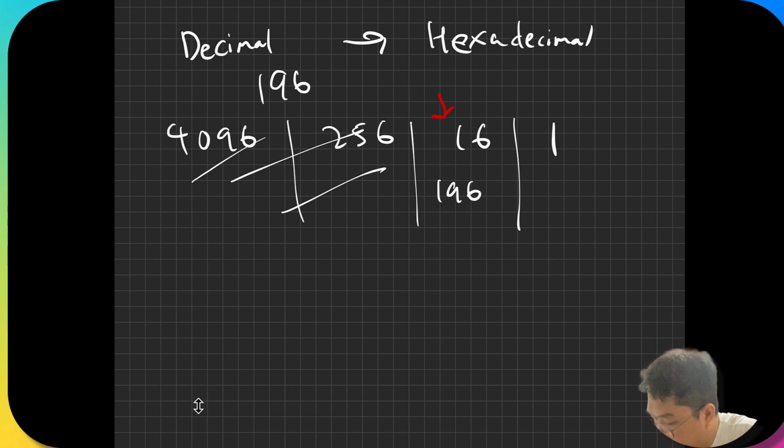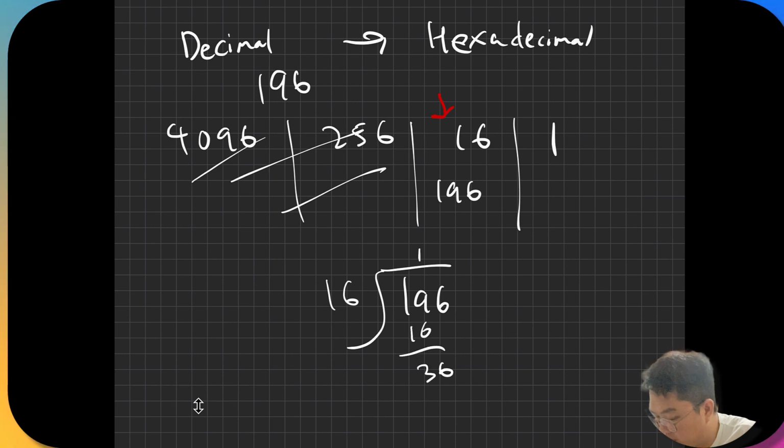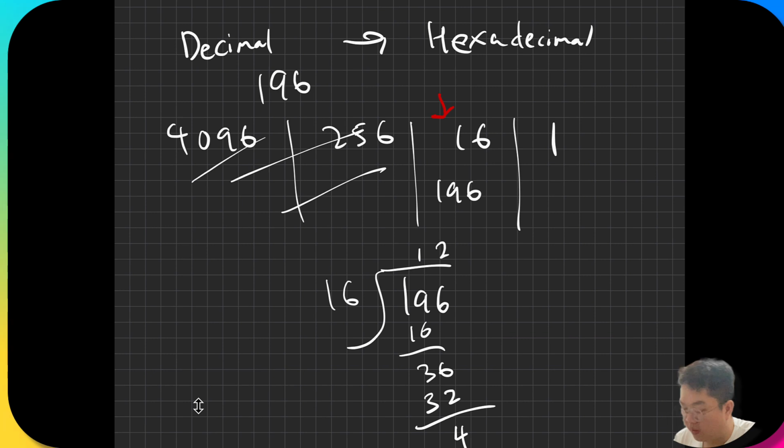Use another color. In order to find the hexadecimal value, we use 196 as a decimal and manually divide. So 196 divided by 16: 1 over 16 gives 12, and then 12 multiplied by 16 will be 192, and then we will have a remainder of 4. Once we have the remainder, we can stop.